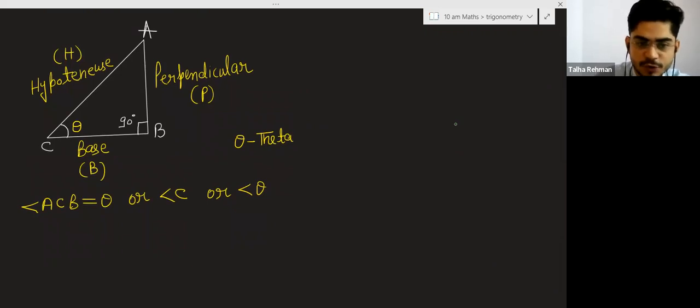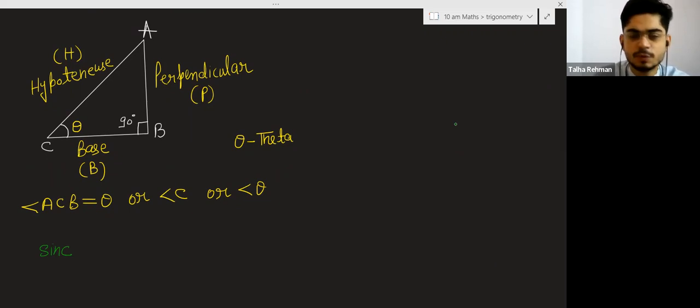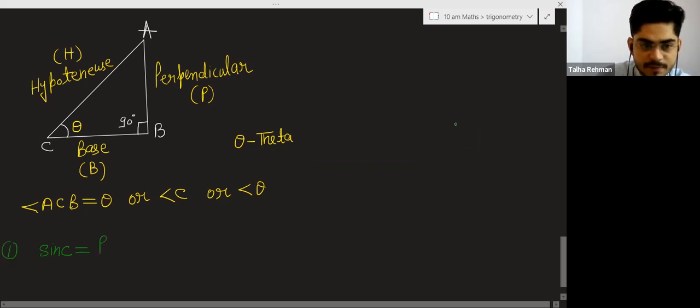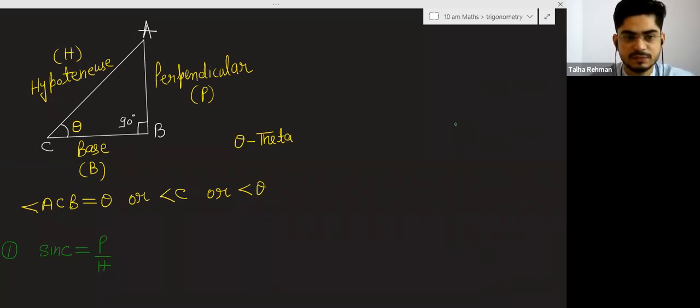So now if you want to calculate sin C, and sin C is equal to sin theta, no problem. Then sin C is equal to perpendicular divided by hypotenuse. In a triangle, sine of C is perpendicular divided by hypotenuse.